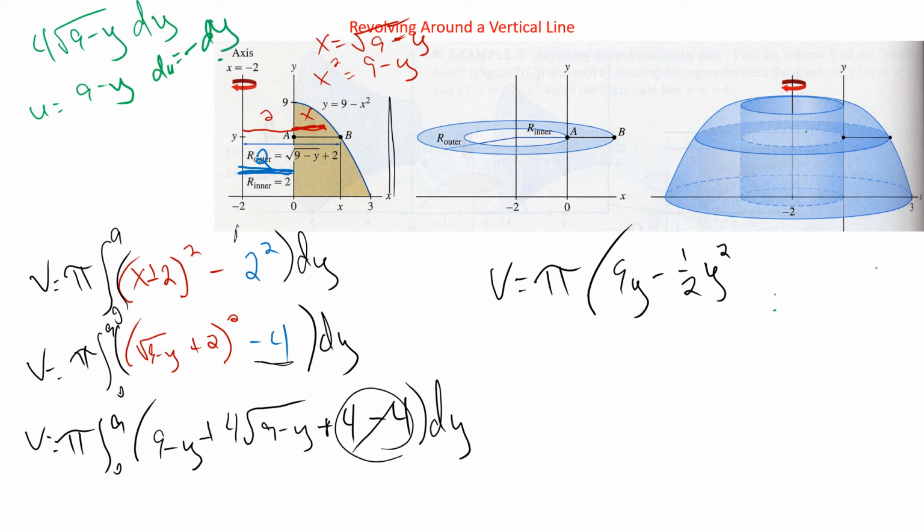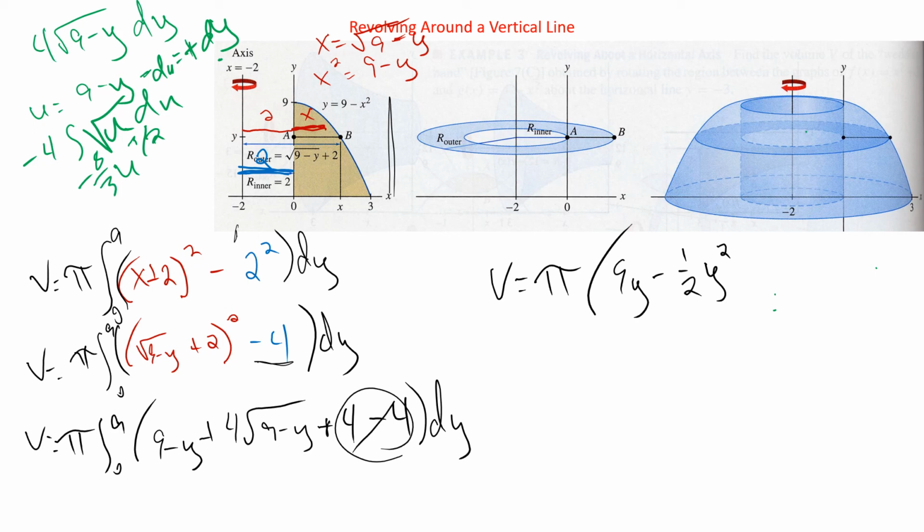Well, we have dy, so let's move that over there. So this will be 4 times the antiderivative of, right, u to the 1/2 du, and then we need the negative. That's u to the 1/2, which becomes u to the 3/2. Flip it, so that'll be times 2/3. So that'll be negative 8/3 u to the 3/2.